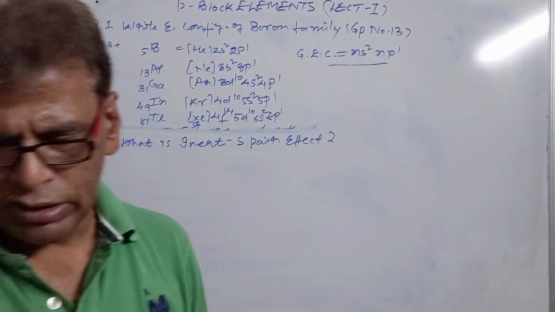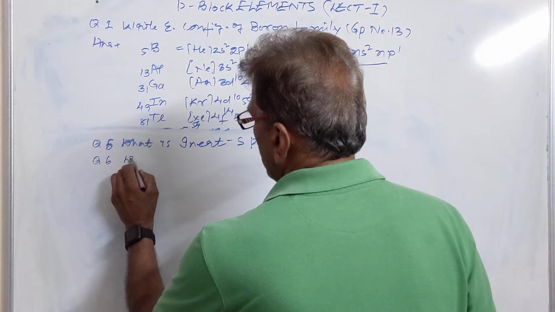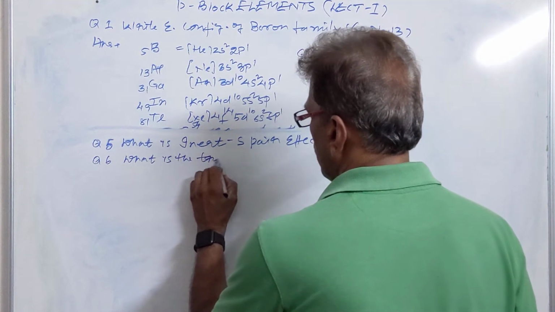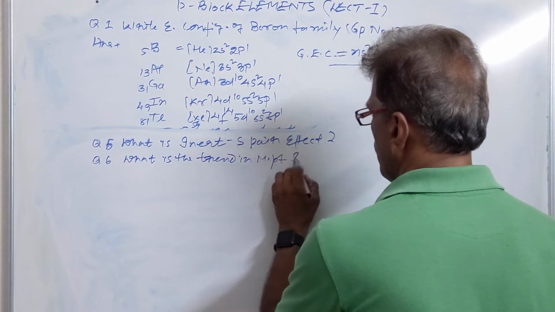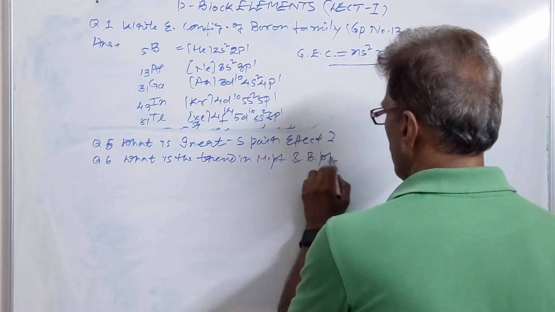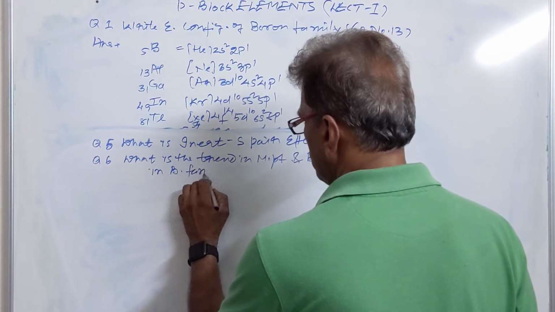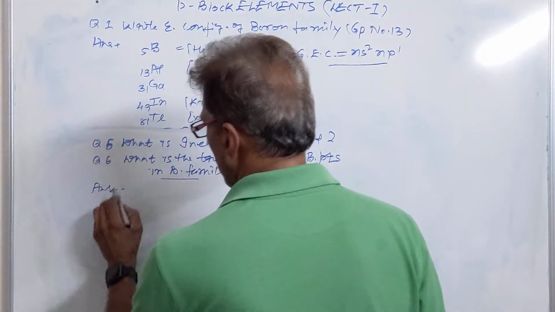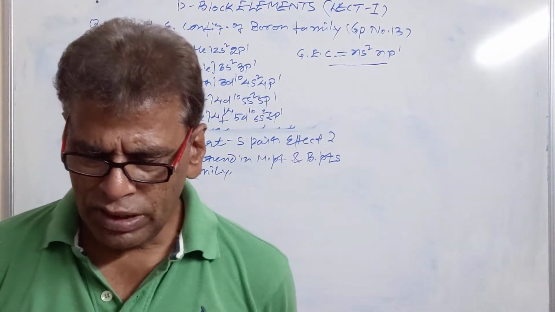Then we have: what is the common trend in the melting and boiling point in boron family? Boron has a high melting and boiling point. It is due to covalent network.